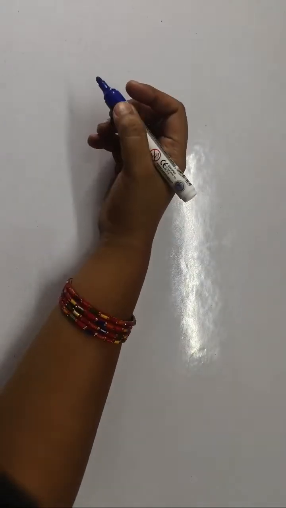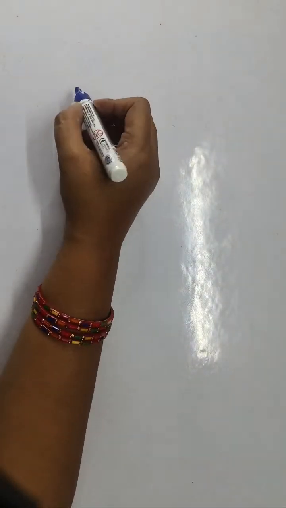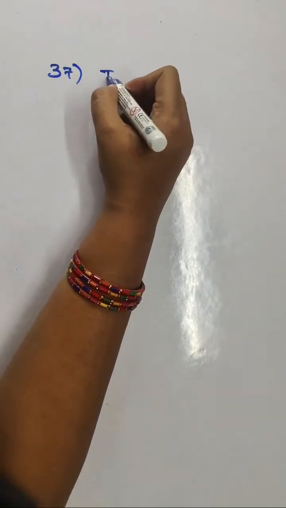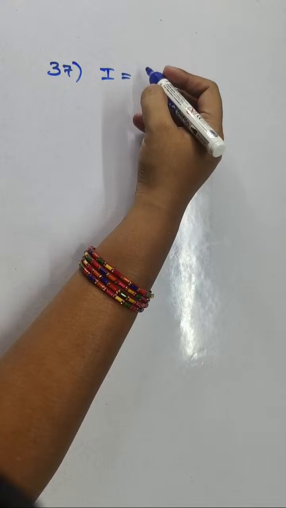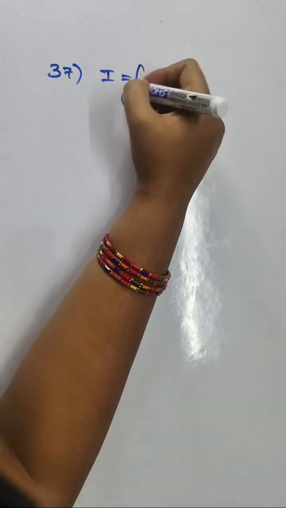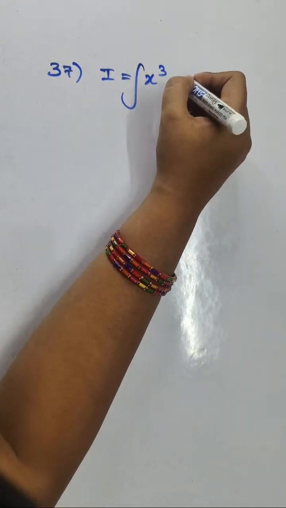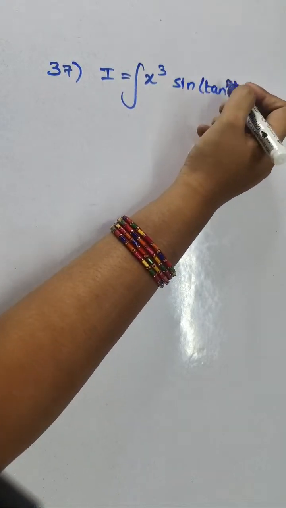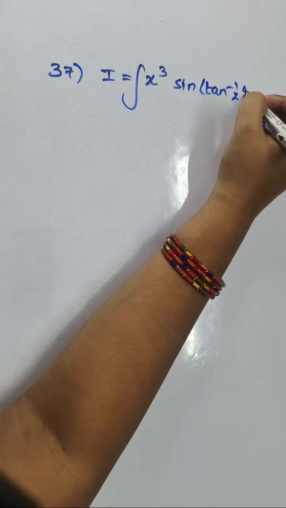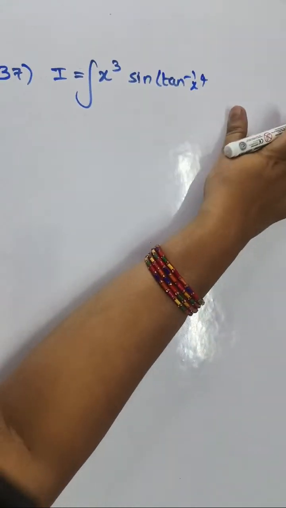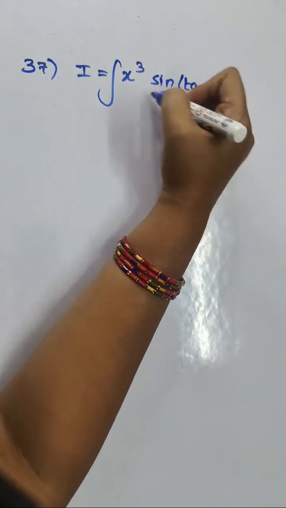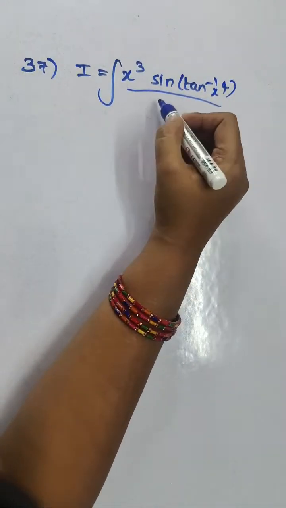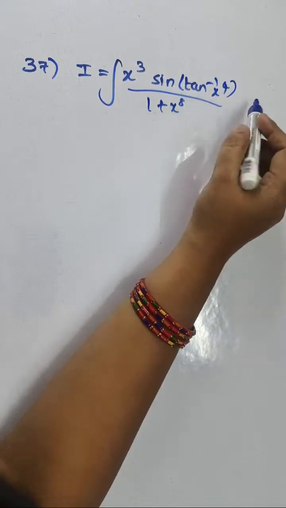Question number 37. I equal to integral of x cube sine of tan inverse x power 4 by 1 plus x power 8 dx.